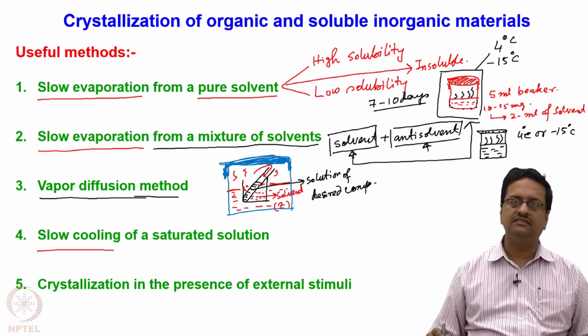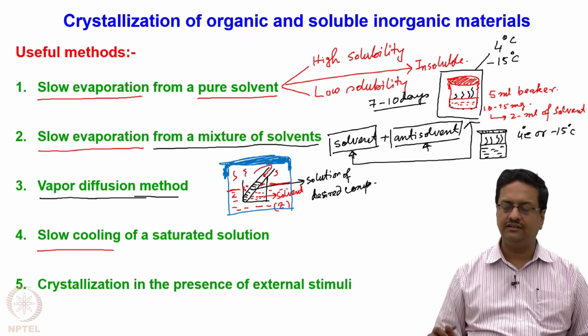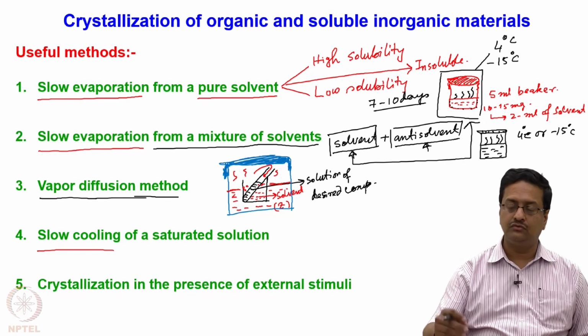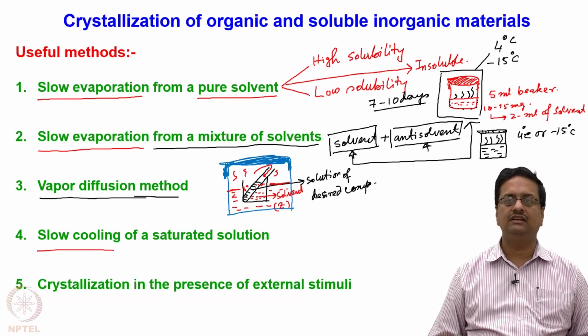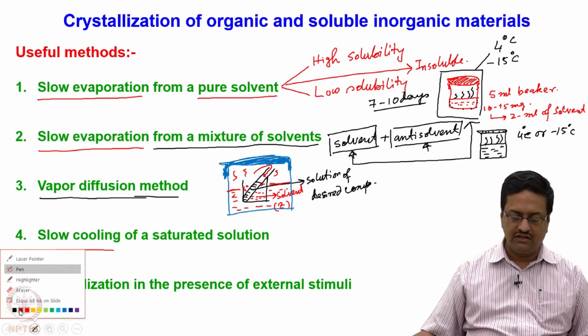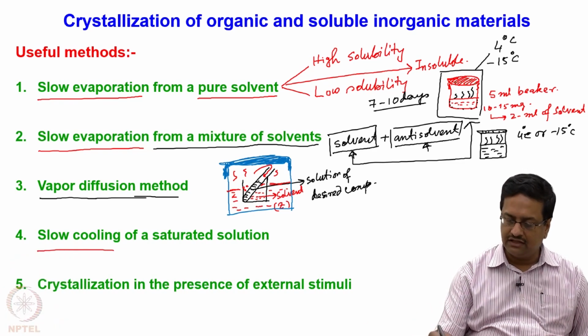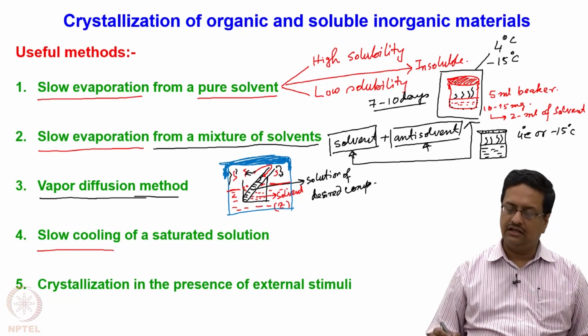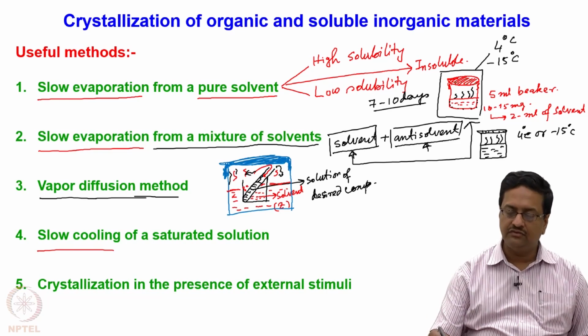So in this process, the vapor of this anti-solvent can diffuse through a vapor state to the solution in which we have our target solute, and in the same process simultaneously the solvent which is inside the test tube will evaporate and slowly come out and fill the outer aerial volume of that container and slowly reduce in volume.